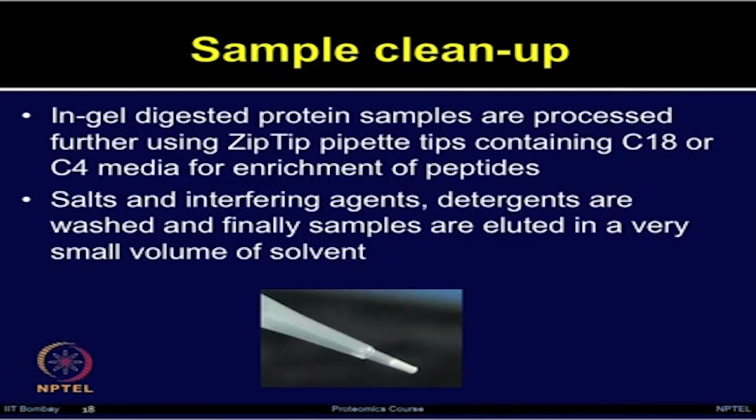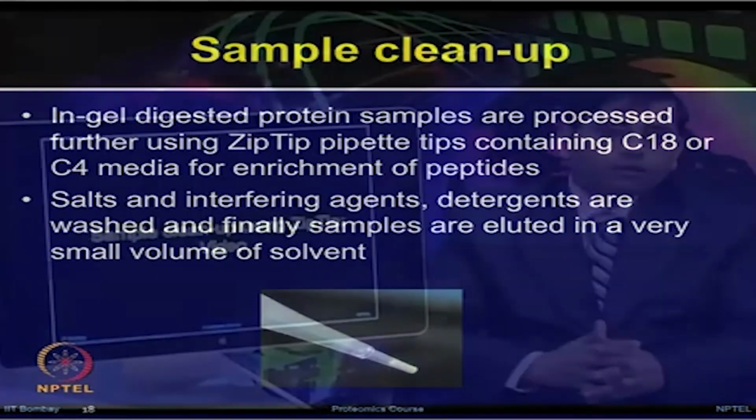The in-gel digested proteins can be cleaned up by processing further using zip tip pipette tips, which contain C18 or C4 media for enrichment of the peptides. Salts, interfering agents and detergents are washed away and finally, the samples can be eluted in a very small volume of solvent.